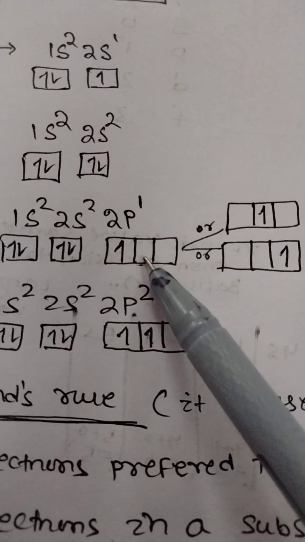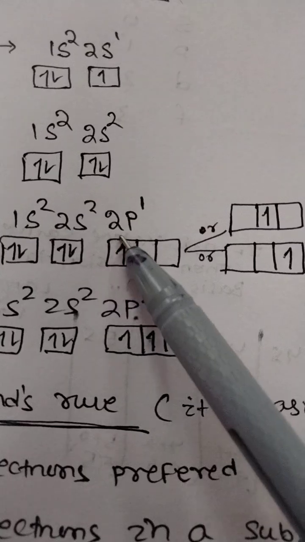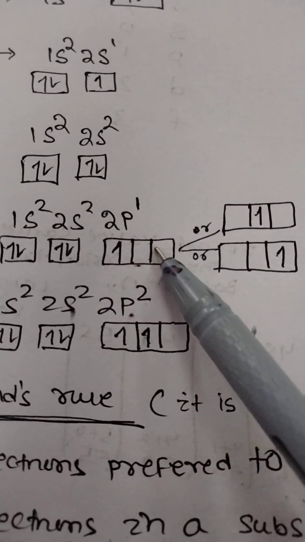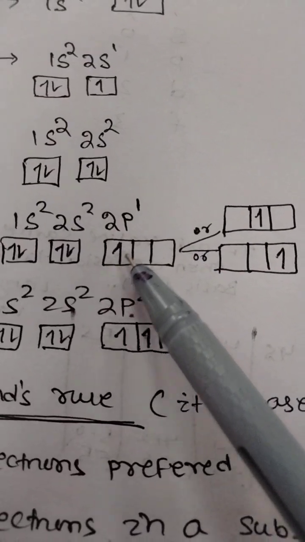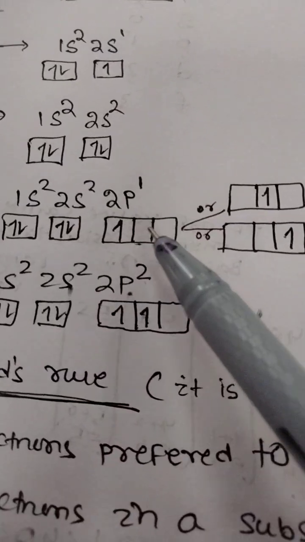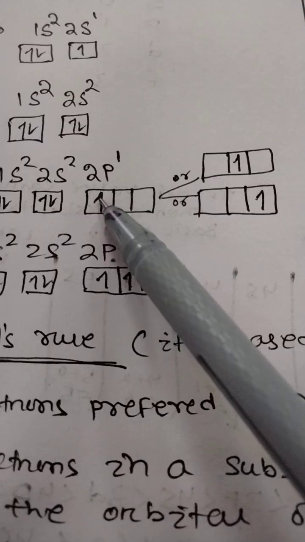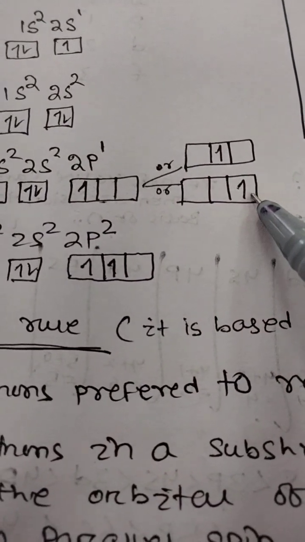Px, py, pz have equal energy, so they have an equal contribution. This electron can come here, or this electron can come here, or this electron can come here.